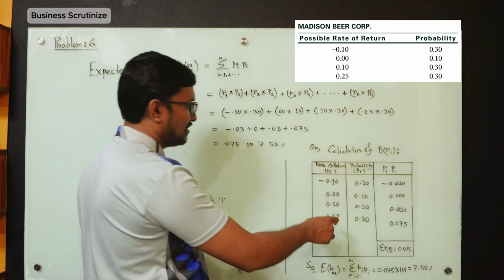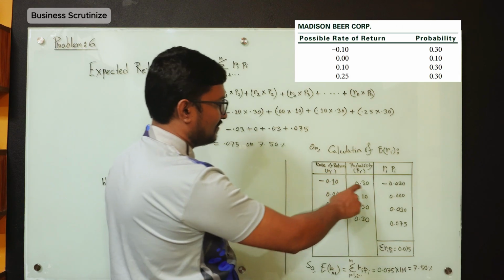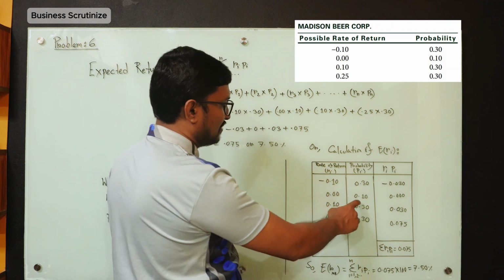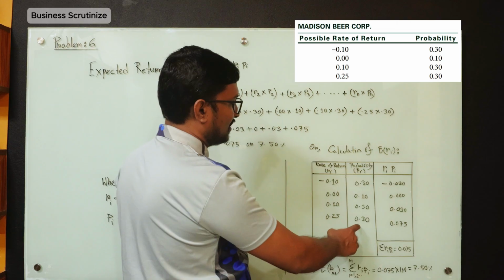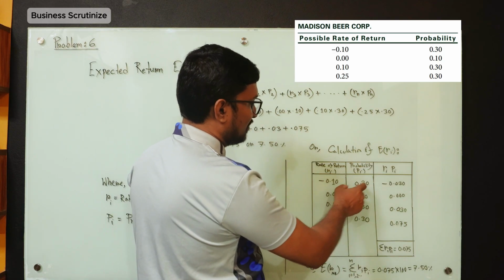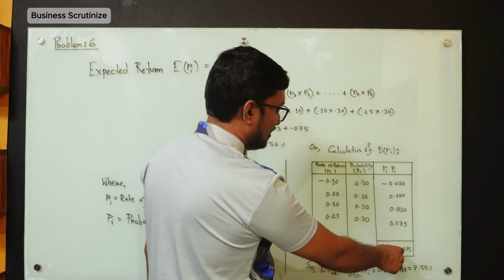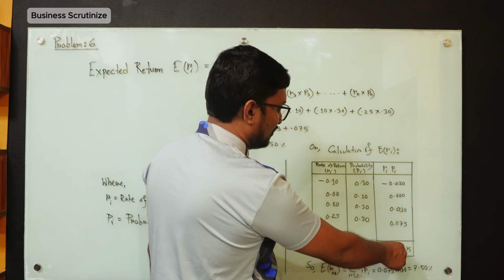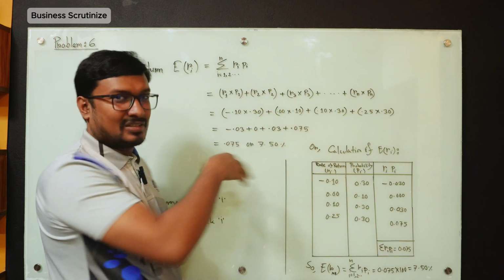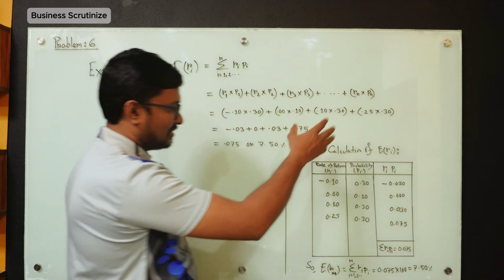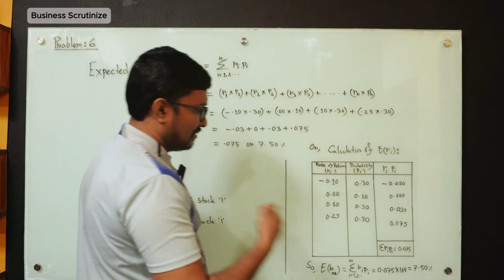Here we have just input the data given in the problem: first return and first probability, then second return, second probability, third return, third probability, and lastly fourth return and fourth probability. Each return and probability we multiply in the last column, and lastly we sum and get the sum of RI into PI, which is 0.075. That we did in the equation as well, and a similar thing we have shown in the table, which is why it is called the tabular format.